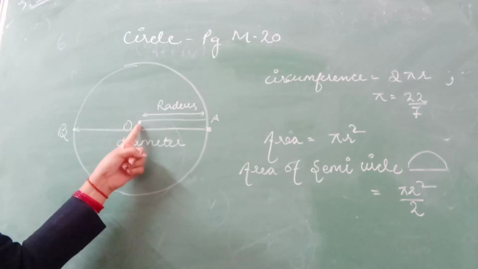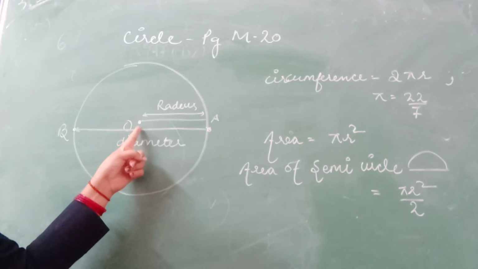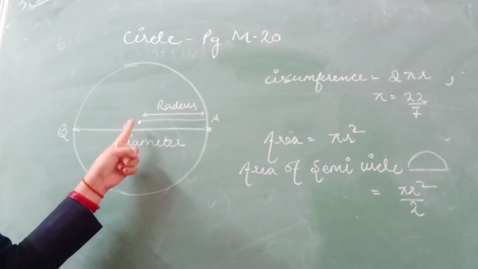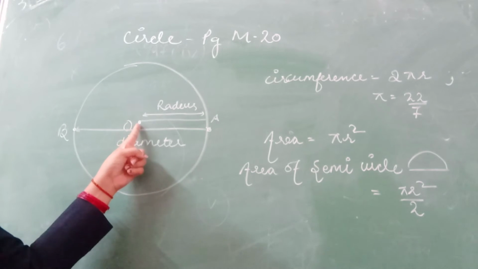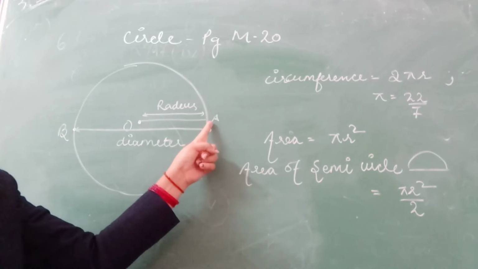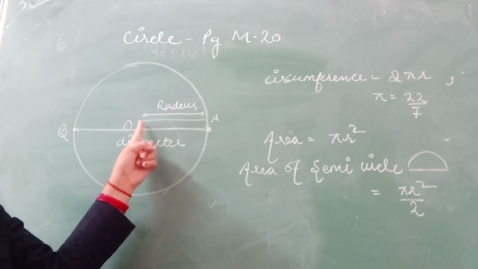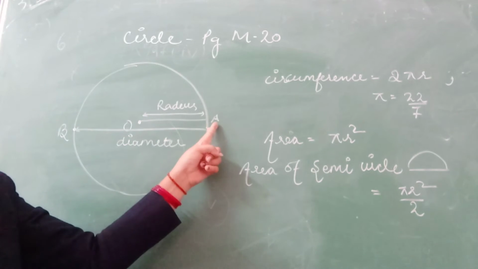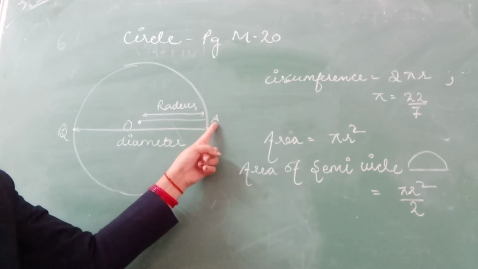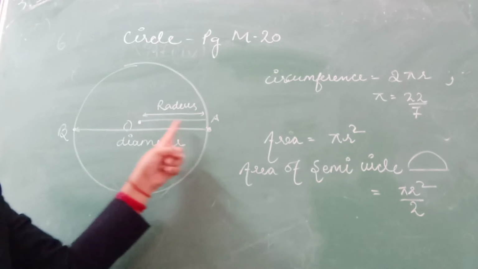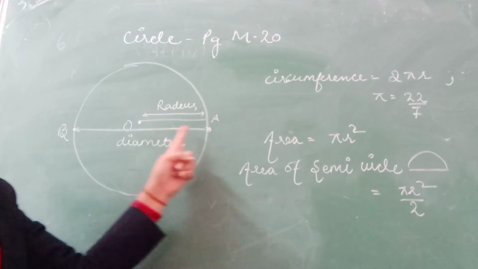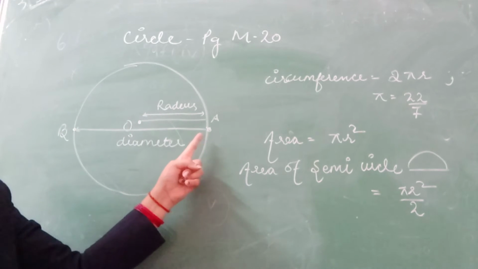Here O, the middle point, is the center of the circle, and from this center the distance to one point on the arc of the circle is known as radius. So the distance from this to this is radius. Now from one point to the other point, the whole is diameter.